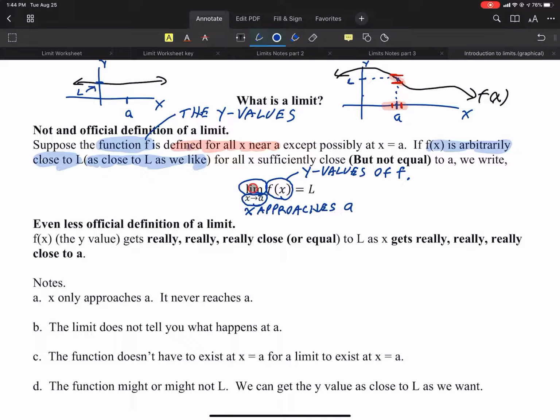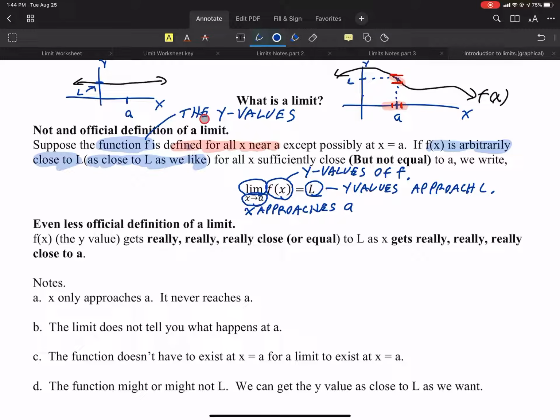What do they get really close to? And in this, it's saying they get really, really close to L. So the y values approach L, or could actually equal L.